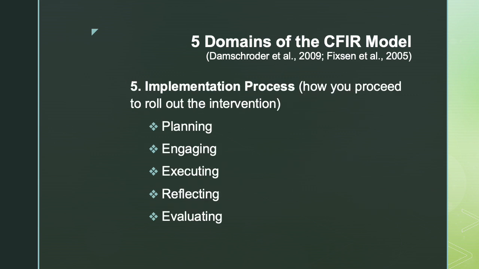And then the fifth domain to think about in designing an implementation science project is to think about measuring the implementation process itself. This has to do with documenting how you're going to proceed to roll out the intervention. It's important to use mixed methods, qualitative and quantitative methods, for tracking what you did in the planning process, how you engaged your participants in the intervention, how you delivered it, what aspects of executing it worked, how long it took to work.